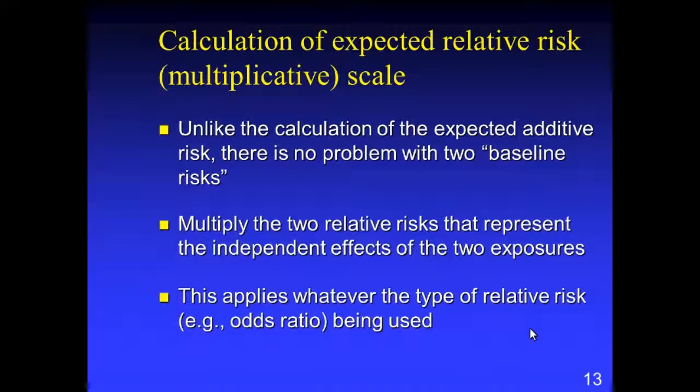We don't have to subtract any baseline risk here. If that troubles you, you can think about it, the equivalent would be to divide by a baseline risk. In other words, to divide by 1, which of course makes no difference, but that would be the equivalent of subtracting 1, or subtracting the baseline in when we're looking at effect modification on an additive scale.